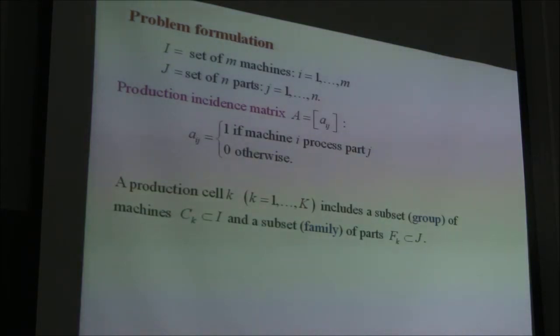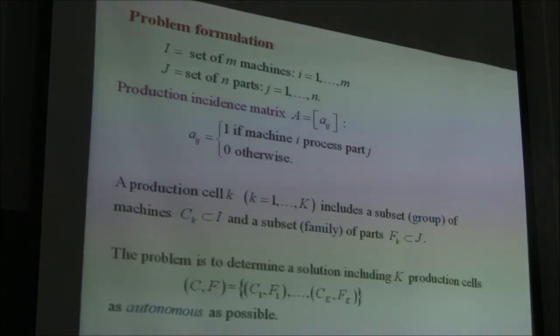So we fix the number of cells, because in our context, we want to find subsets to be assigned to a set of nodes in a given architecture. So we know the number of cells to produce. In general, in the cell formation problem, you don't necessarily fix the number of cells. But in our case, we fix the number of cells. Okay, so each cell includes a subset of machines and a subset of parts.